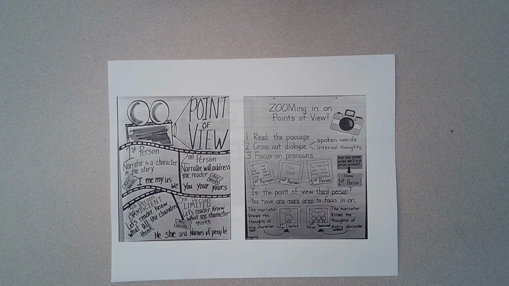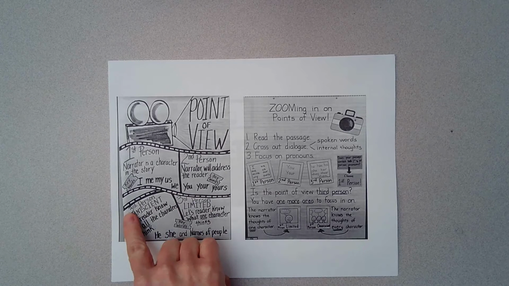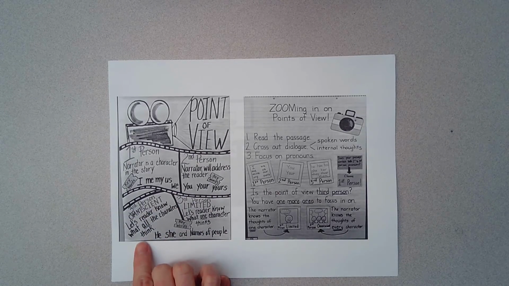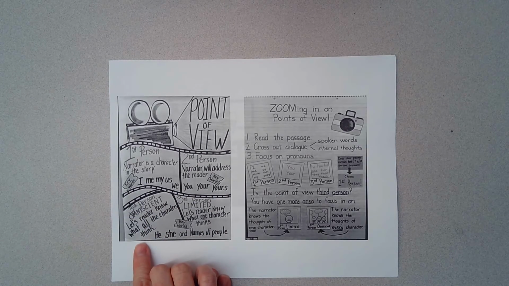If the story is being told in third person, we know that the narrator is not a character in the story, and they are giving others' thoughts or feelings. Now, third person can be third person omniscient. What does that mean? That means that the narrator is all-knowing, kind of like the wizard on The Wizard of Oz.